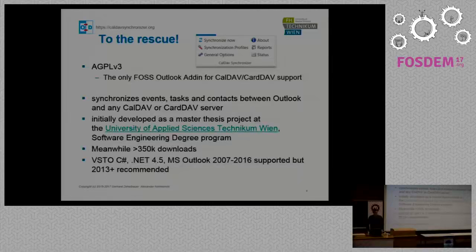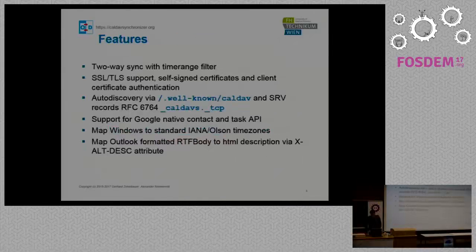Surprisingly, there are still a lot of older Outlook installations around, and many were asking us if we could support Outlook 2007 as well. We didn't intend to do it first, but we changed some of the code to support it as well.